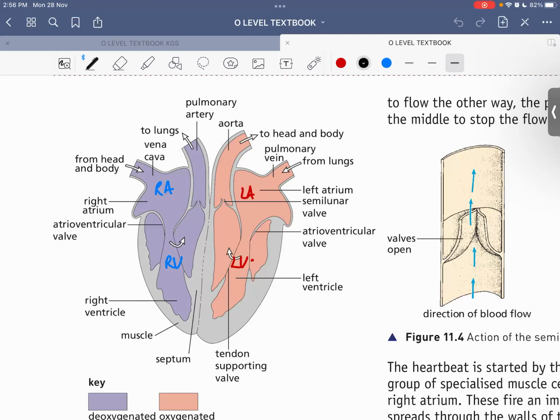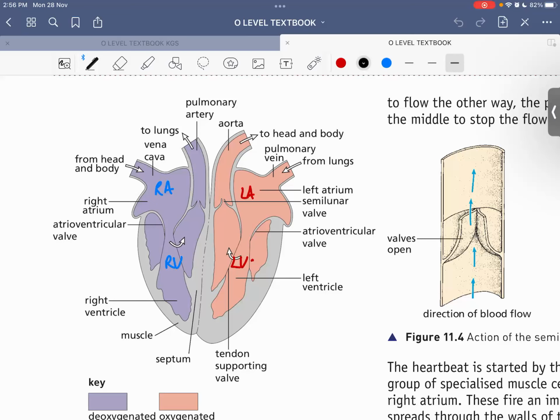It's bringing impure blood and entering into the right atrium. Now the right atrium will squeeze and push the blood down to the right ventricle. The right ventricle will squeeze. Just look at the diagram, it's pushing the blood forwards into which blood vessel? The left atrium.